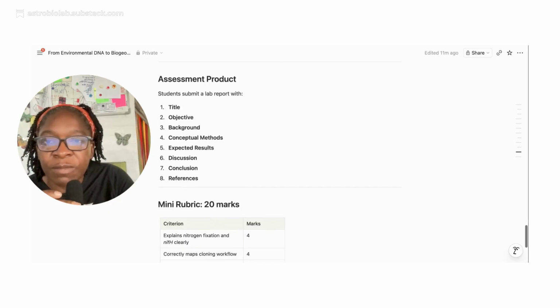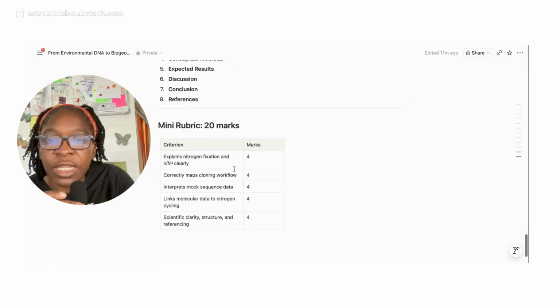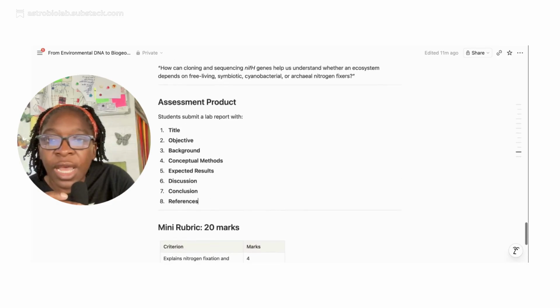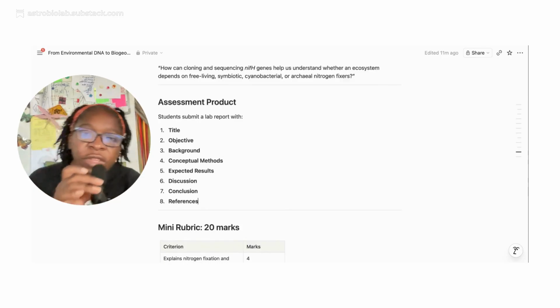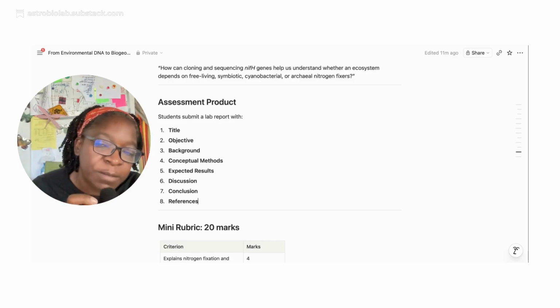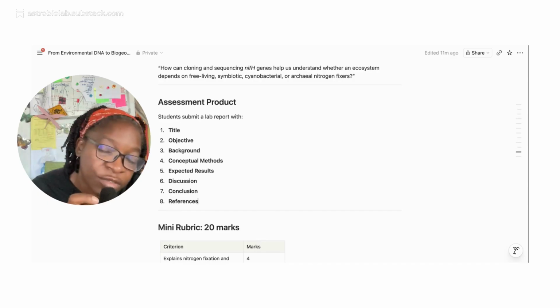And then you're going to submit a lab report which has these components, and this is how it's going to be marked. And that ties up your learning about the whole process of going into the environment, picking up a sample, using PCR to amplify the biomarker gene that you're interested in.